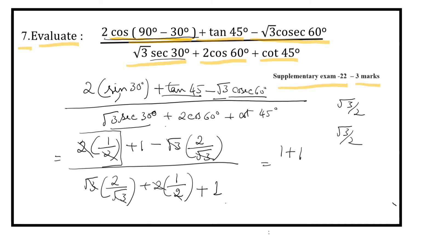This is minus 2. This is 2 plus 1. This one is plus 1. Here 2 minus 2, it is 0. 2 plus 1 plus 1. What is it? 4. Something is 0 by something is 0. So the answer is 0 here.